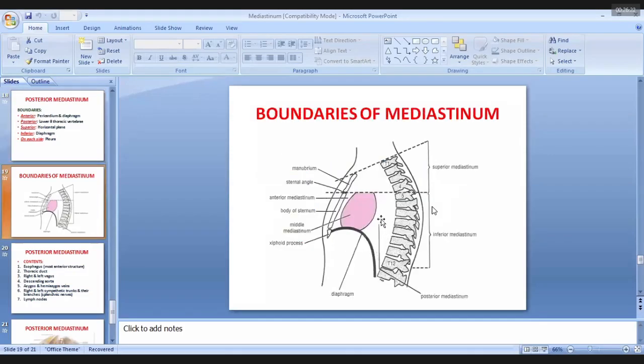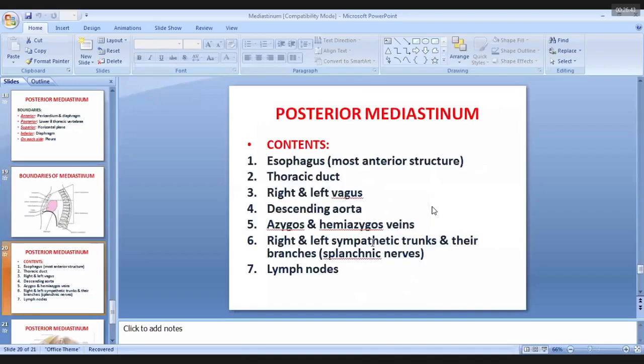Here is the posterior mediastinum. Boundaries of the posterior mediastinum: it is bounded anteriorly by the pericardium, posteriorly by the lower 8 thoracic vertebrae, superiorly by the transverse thoracic plane, inferiorly by the diaphragm, and on each side again the pleural cavities.